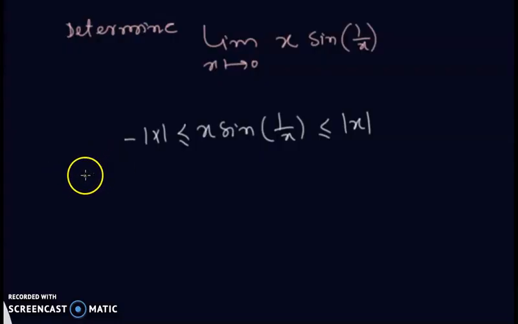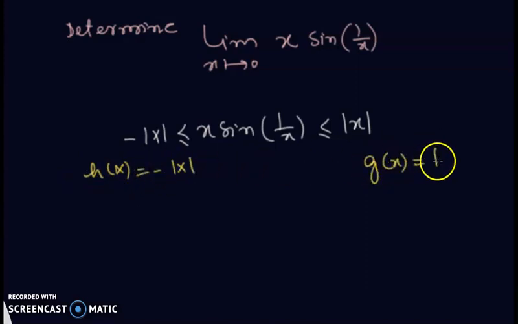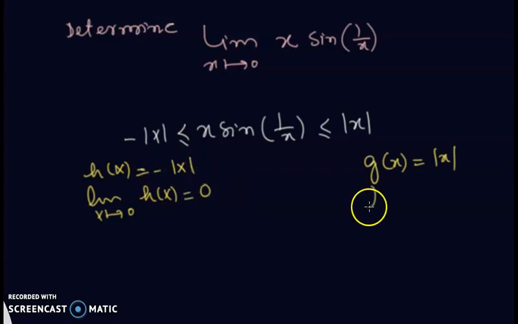Now you just need to define the function h of x, which is minus absolute of x, and the function g of x, which is absolute of x. The limit as x goes to 0 of h of x is 0, because the absolute function is continuous and at 0 it has limit 0. You can also compute the limit of g of x, which is also 0.